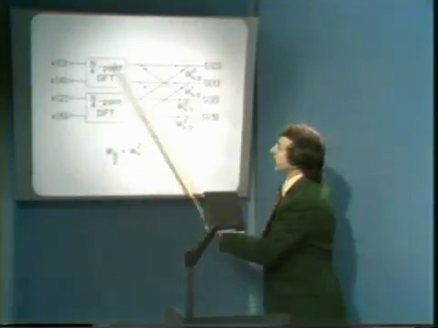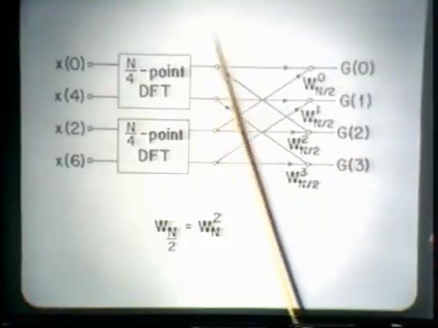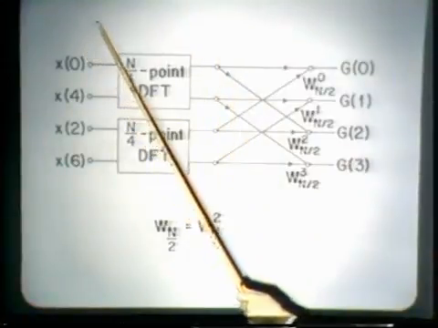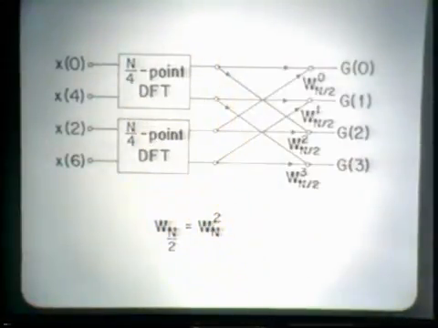In particular, recall for the top half of the previous view graph, we had the even-numbered points in the original sequence. Now we want to compute the DFT of those even-numbered points, so we can go through exactly the same steps. We can break that into its even-numbered points and its odd-numbered points.